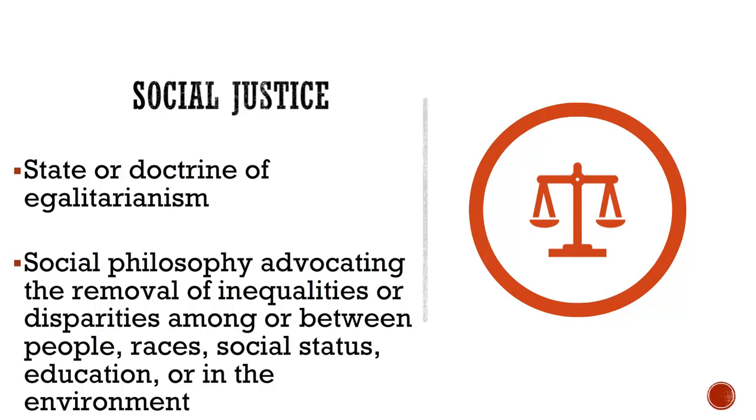The Constitution of the United States affirms, "We hold these truths to be self-evident, that all men are created equal, that they are endowed by their Creator with certain unalienable rights, that among these are life, liberty, and the pursuit of happiness."